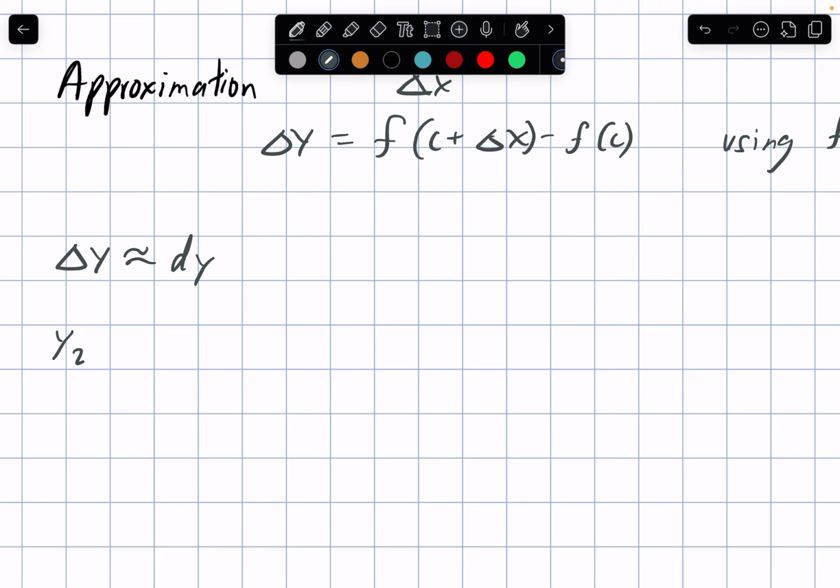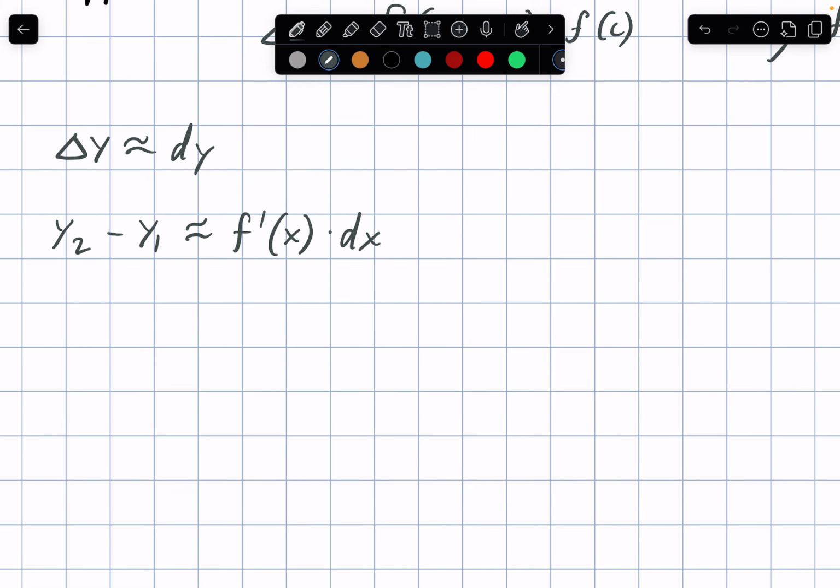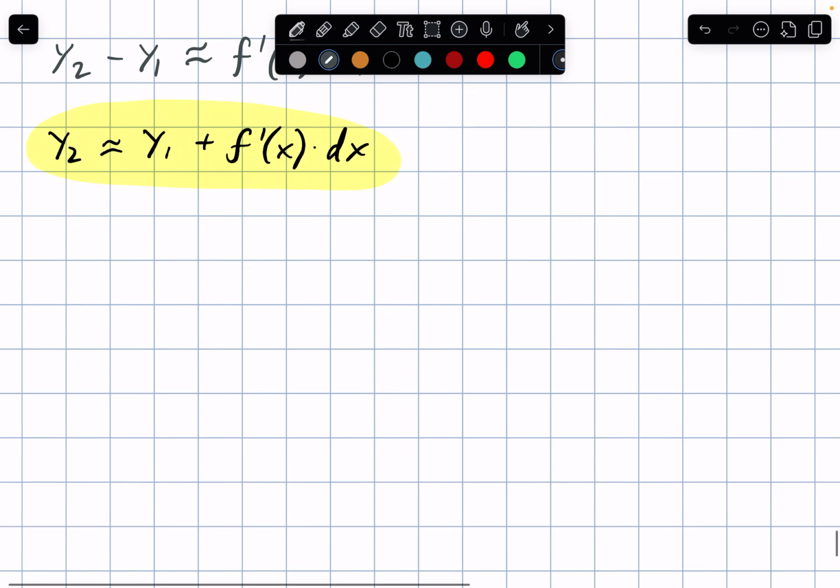So y2 minus y1 is approximately equal to the derivative of f of x times dx. Therefore, we can manipulate this equation as y sub 2 approximately equal to y sub 1 plus the derivative of f of x times dx. This is the formula that you have to memorize for approximation.